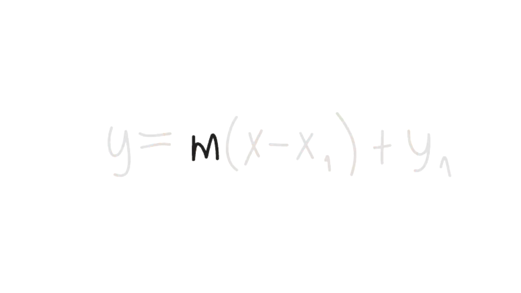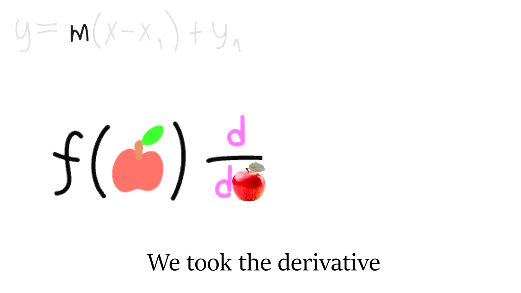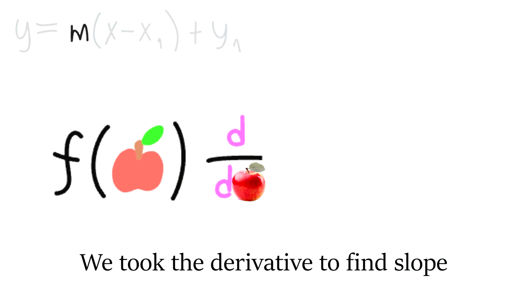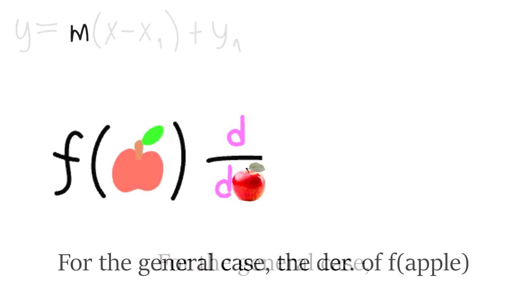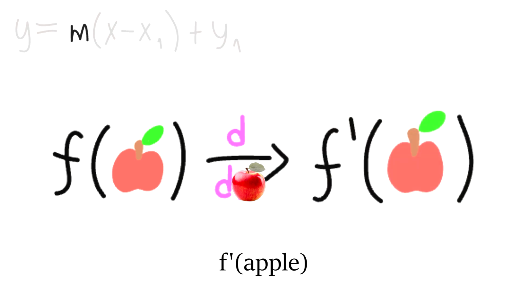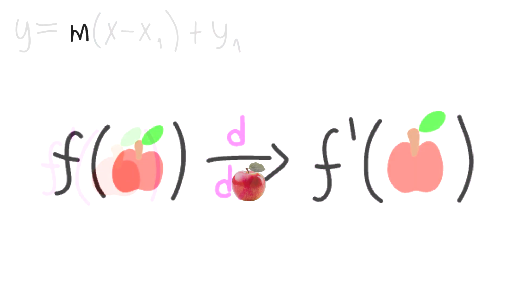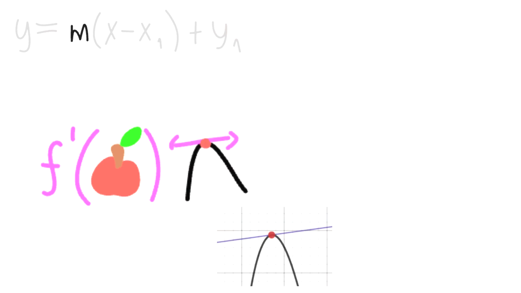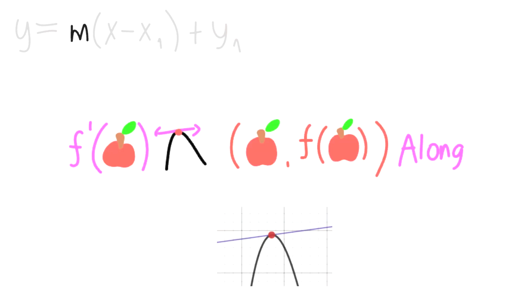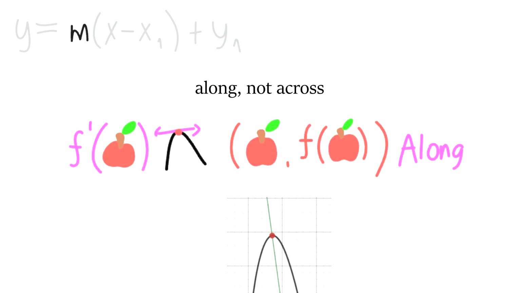Now for the slope m, we took the derivative of the function to find the slope. For our general case, the derivative of f of apple is simply no different, f prime of apple. And f prime of apple is nothing special, it just means derivative of f. But the slope f prime apple is along the point (apple, f of apple), not across.